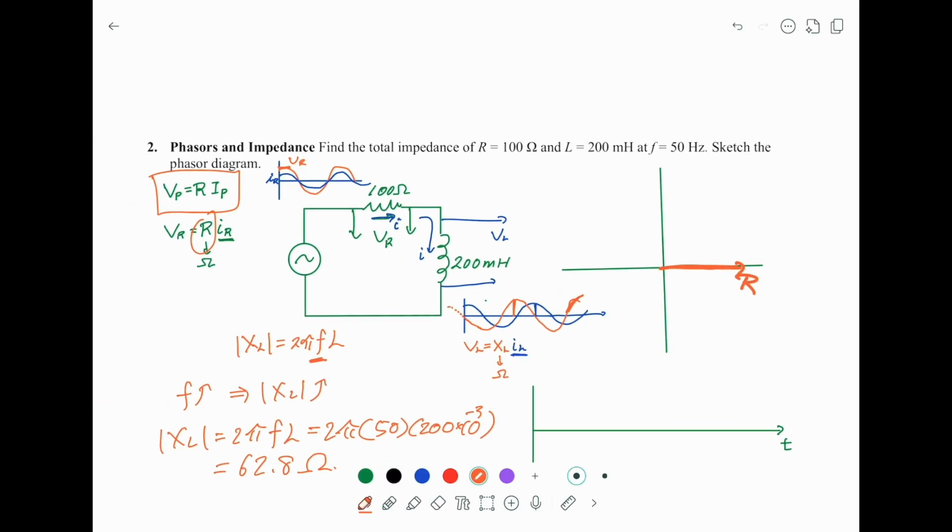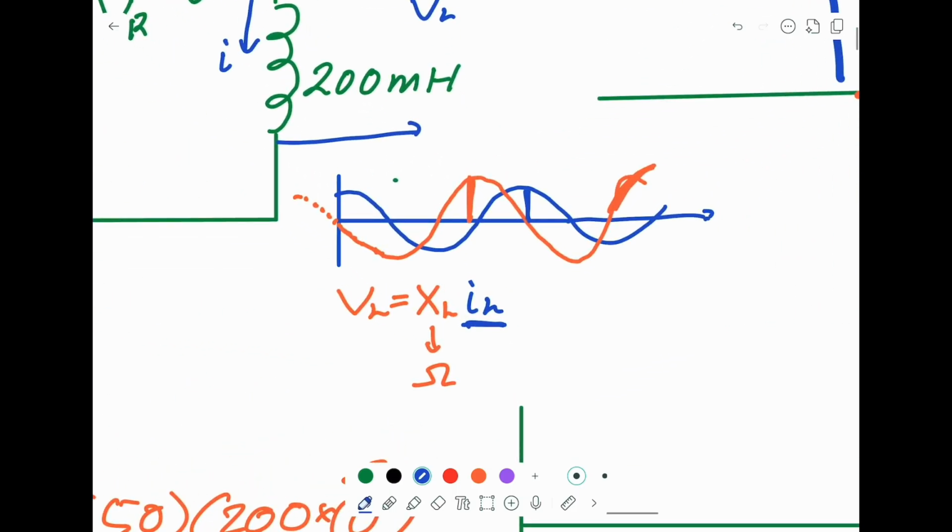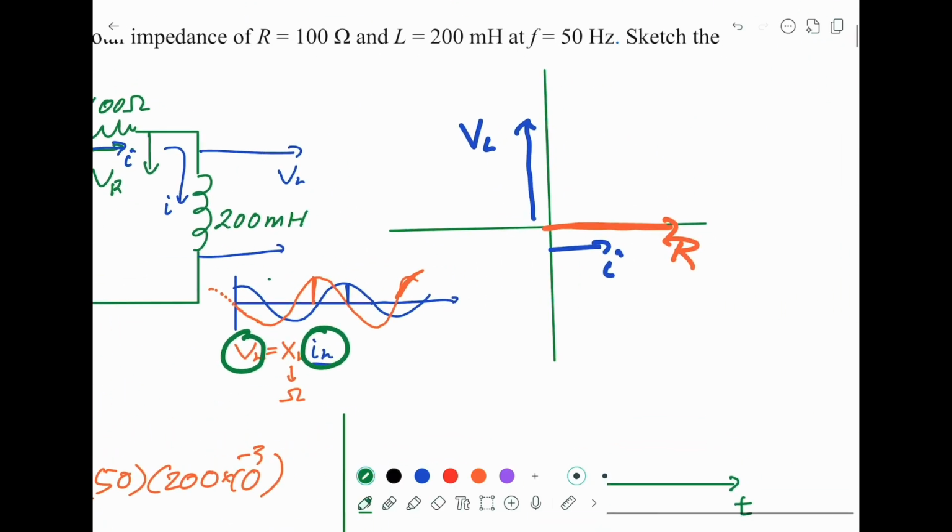Now, the inductor. Remember the I should be around here, and the voltage of the inductor is 90 degrees leading the current. So if we plot it, the voltage of the inductor should be here, 90 degrees ahead of the current. Again, I don't want to plot the voltage this time. I want to plot the XL. Remember, the voltage is proportional to the current, so I can put the XL along the voltage.